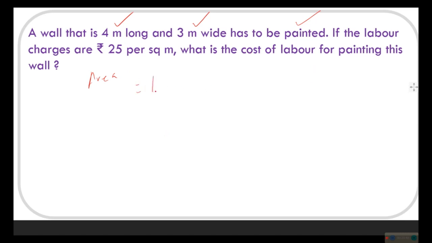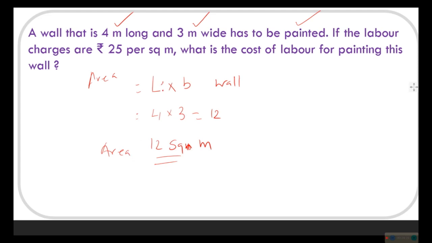Length of the wall into breadth of the wall. Correct? L into B of the wall. That means we will write 4 into 3, which is equal to 12. And this 12 square meter is the area. Understood? 12 square meter is the area.